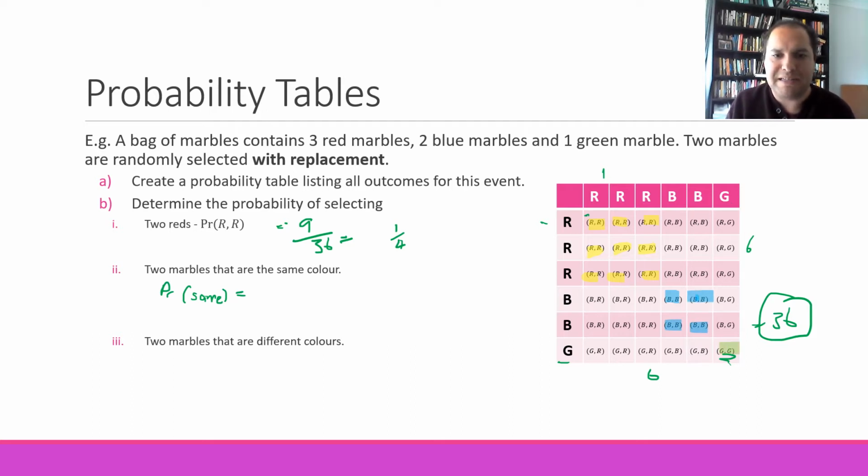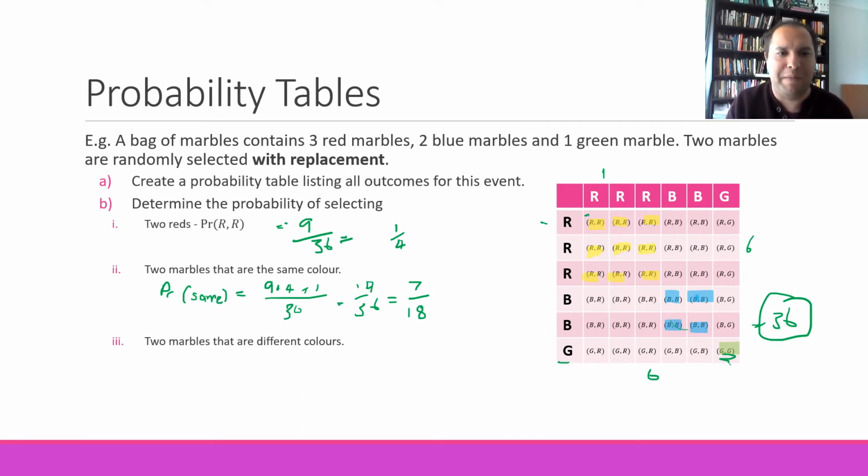So for the same colors, we've got 9 red reds, we've got 4 blue blues, and 1 with 2 greens, so that'll end up being 14 out of 36. Simplifying, dividing both by 2 is 7 out of 18.